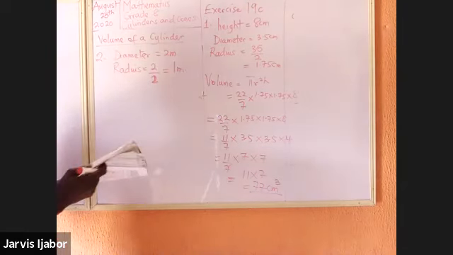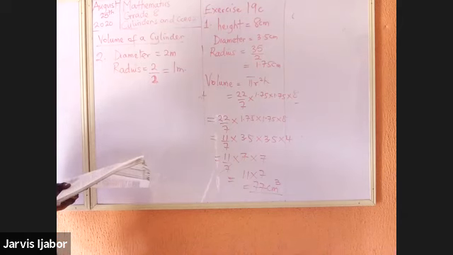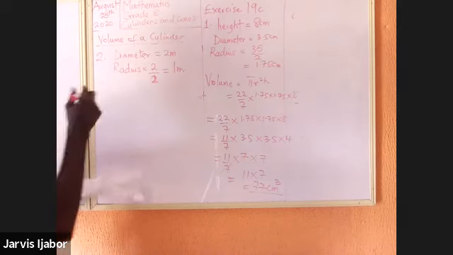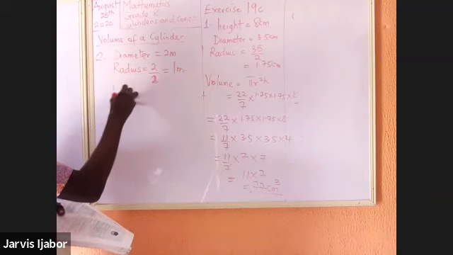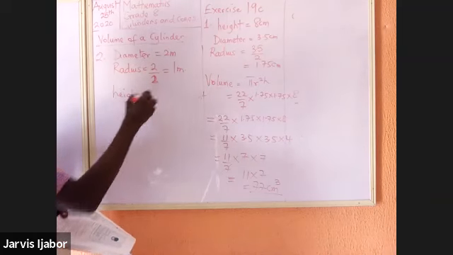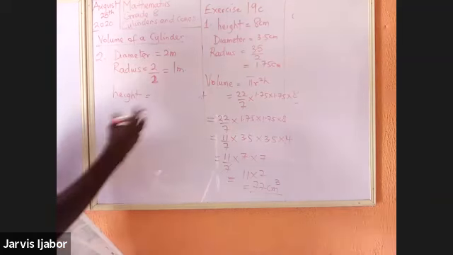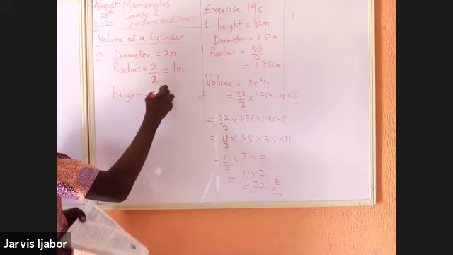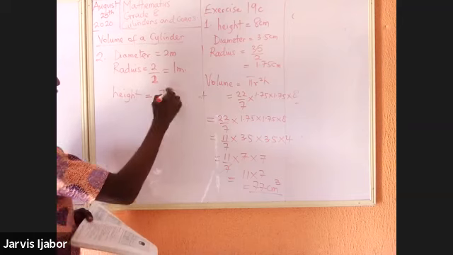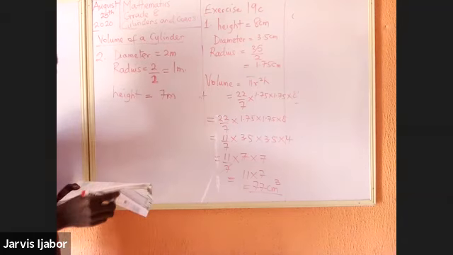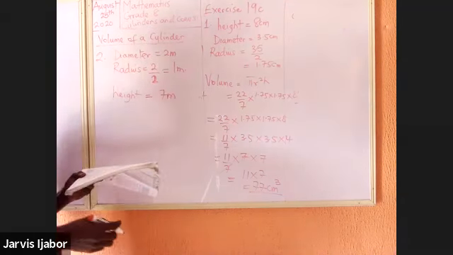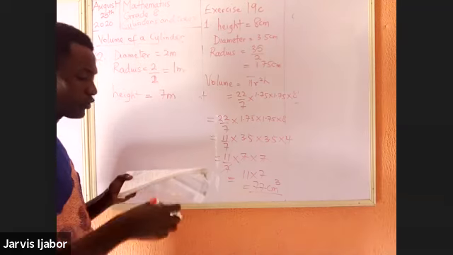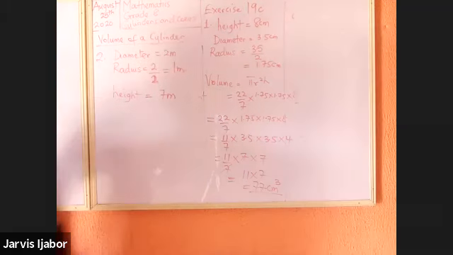Settled. Now, what is the height? I've told us that height and length are the same thing. It depends on how the cylinder is lying. So it will be 7 meters.